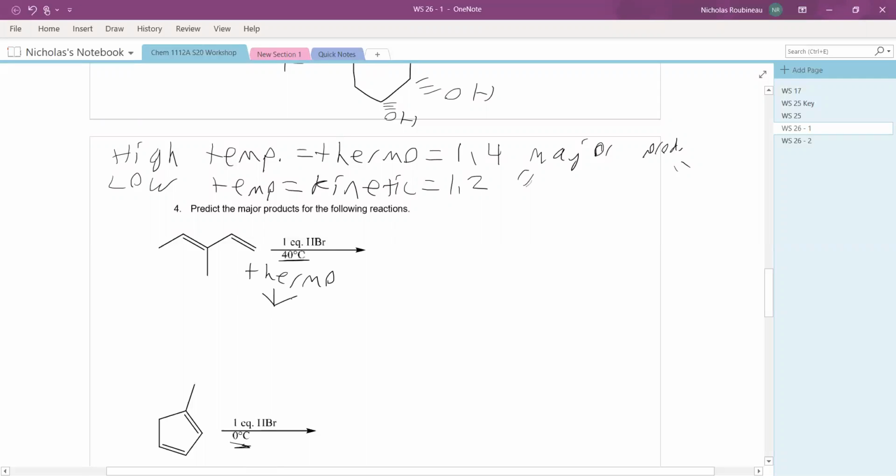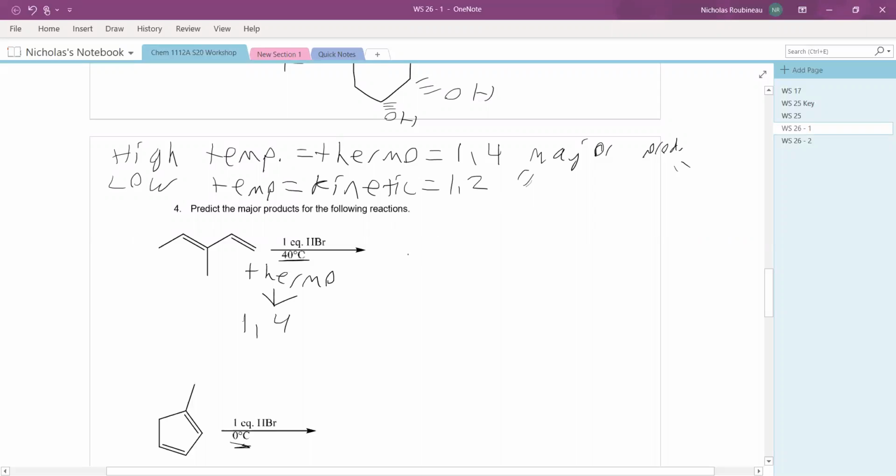So what kind of product are we going to see? It's given kind of there, but I'll just say we're going to have 1,4 as the major product. And again, unless he explicitly says to react with this alkene or that alkene, I'd assume you should show both products. I don't know for sure. I didn't take the class with him, but I would assume that's what he'd want.